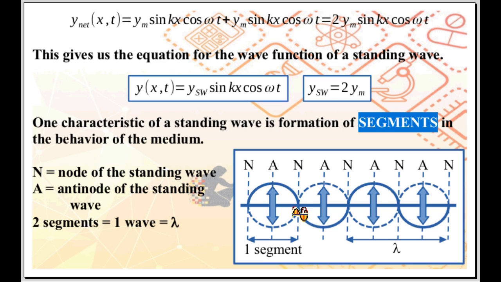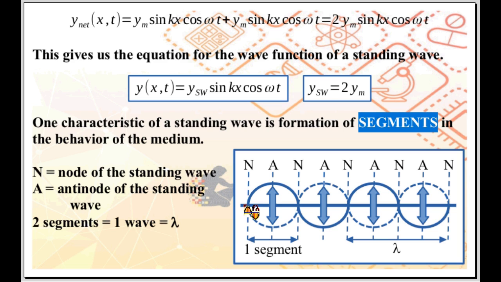The endpoints of a segment are referred to as the nodes of a standing wave. So node, node, node, and node. At the nodes, the particles of the medium are always at the equilibrium position. These particles are stationary, they are not being disturbed from the equilibrium position.